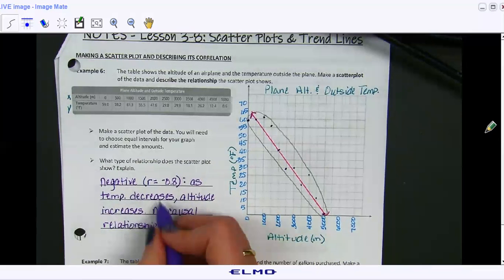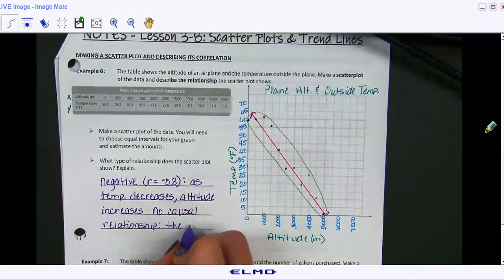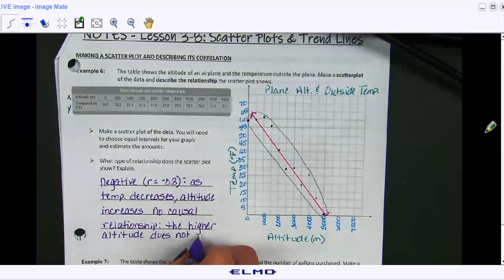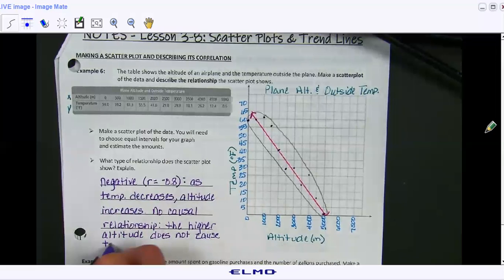This takes so long. How many questions are the homework? The higher altitude does not cause temp to decrease. All right.